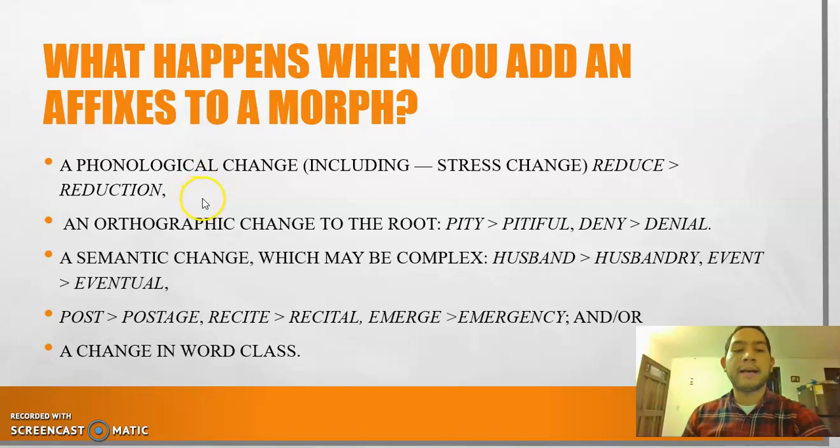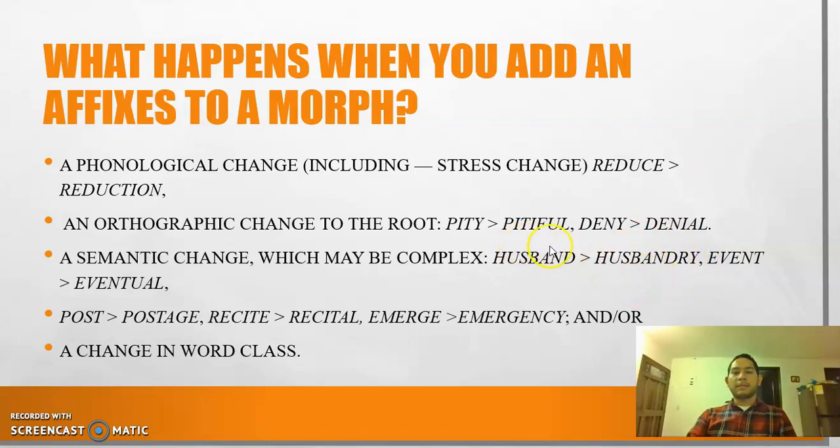Also, it can happen with an orthographic change to the root. For example, with the word pity that ends in y, now when it changes to pitiful, you see that letter changes. A semantic change. For example, if you have the word husband and you add this affix ry, it sounds husbandry.